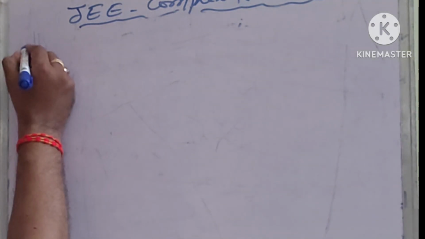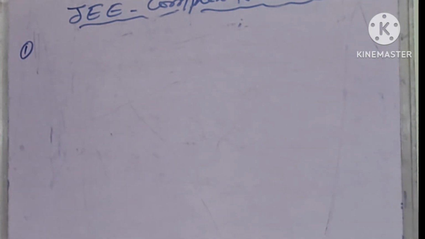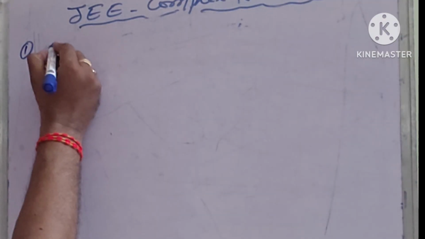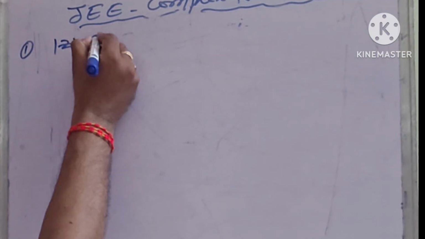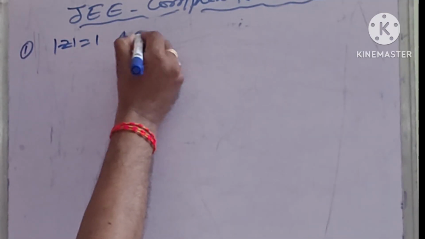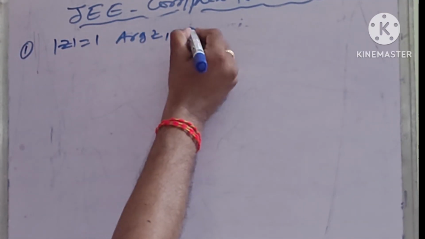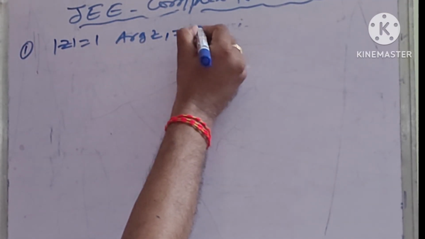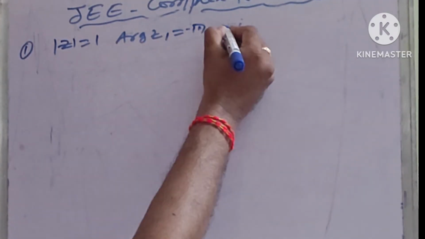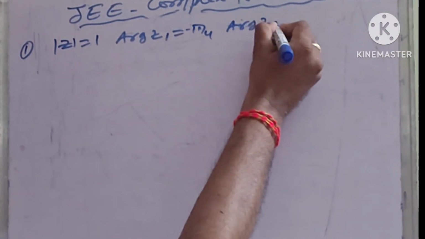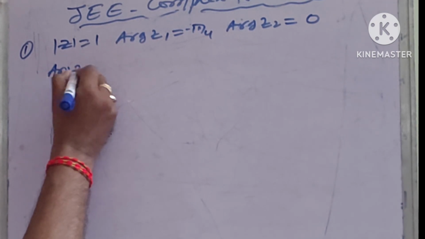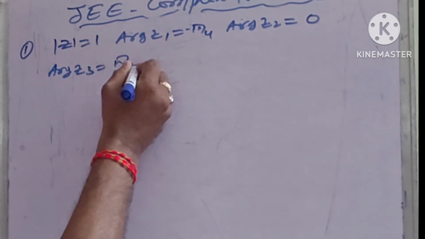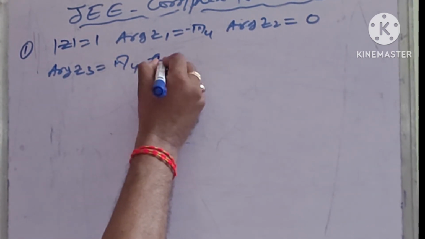One more model, 2025. Z is a complex number, then mod Z is equal to 1, and arg Z1 is equal to minus pi by 4, arg Z2 is equal to 0 and arg Z3 is equal to pi by 4.